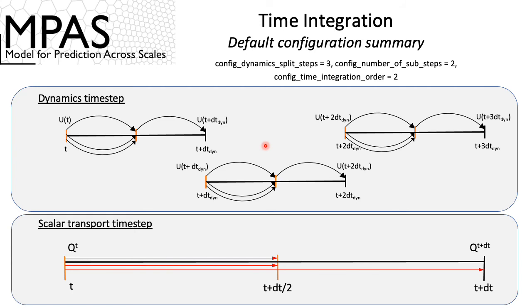You can do so by modifying those 3 parameters to change this time step and the acoustic step. So you have access to all of those time steps. Only one is specified in terms of a physical time step in seconds, and every other one is just some fraction of that main time step.